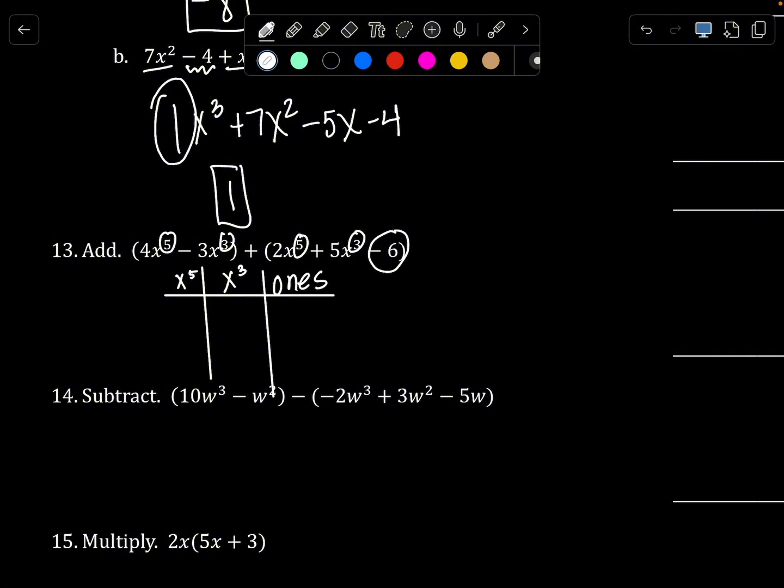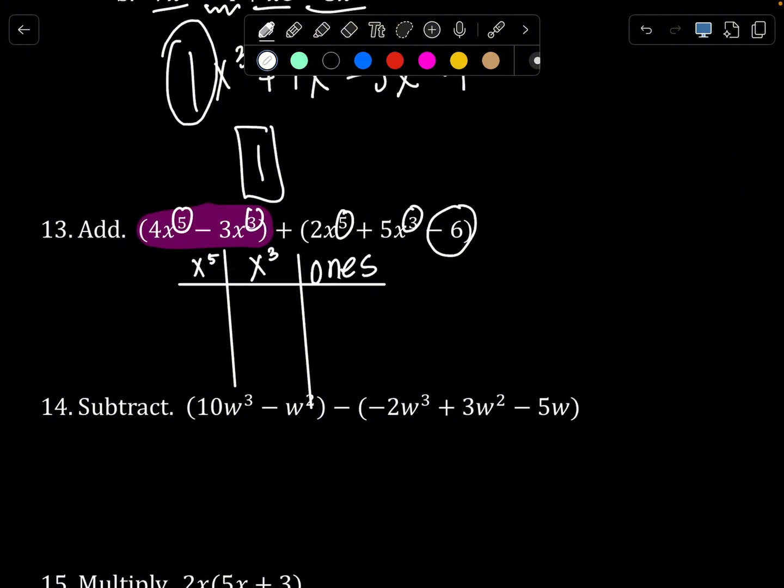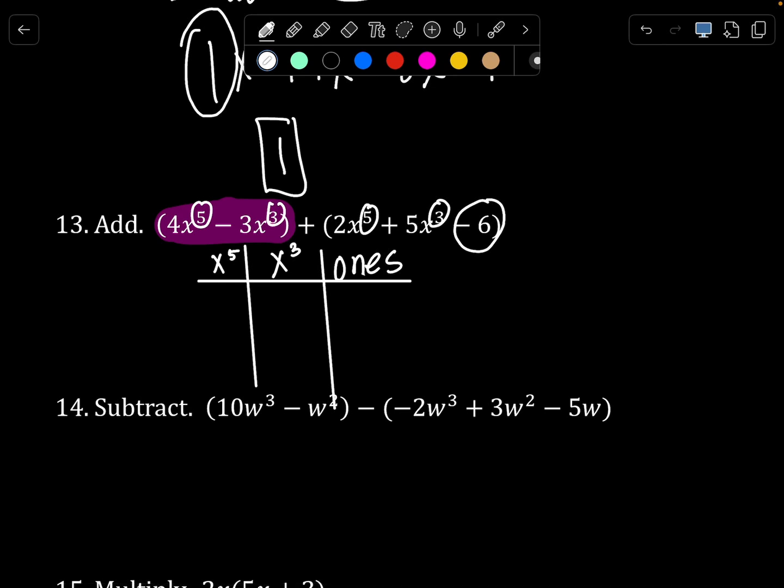Okay, good. So I'm gonna go ahead and organize first my pink terms. That goes here, so that is 4x to the power of 5 minus 3x to the power of 3. And then I have my next terms, and it's adding, plus 2x to the power of 5 plus 5x to the power of 3, my ones.